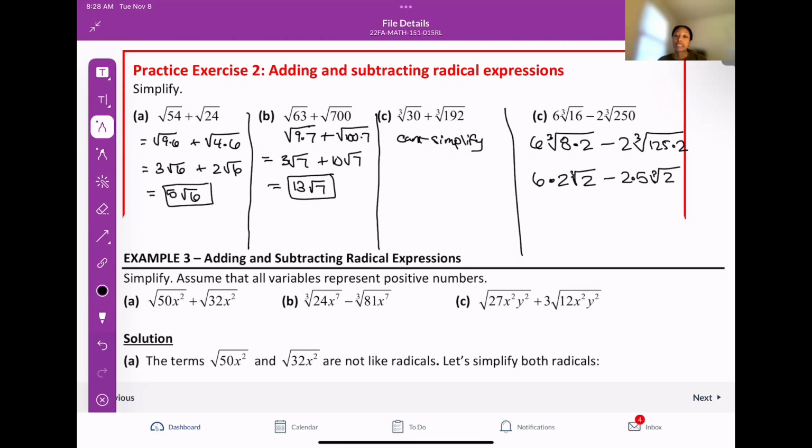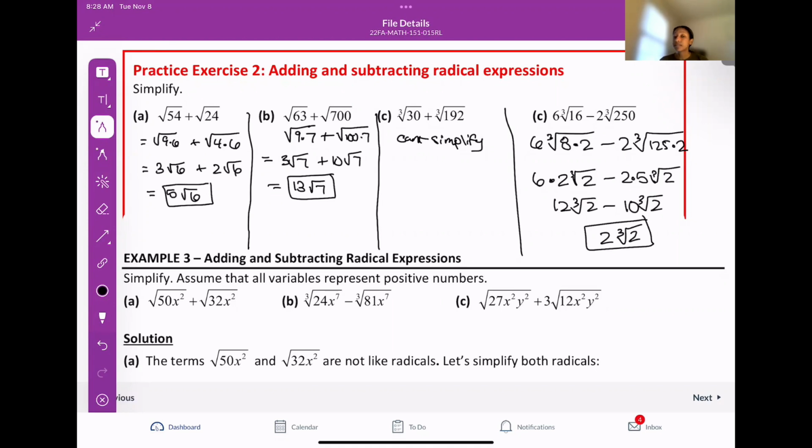All right, 6 times 2 is 12. We get 12 cubed root of 2 minus 10, or 2 times 5 is 10, cubed root of 2. And finally, 10 minus 12 leaves us with a 2 cubed root 2.